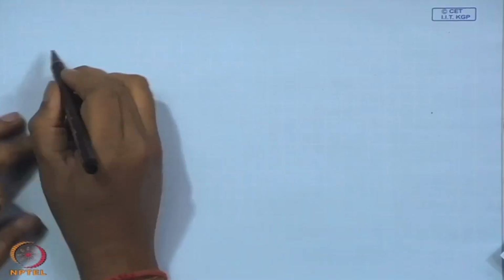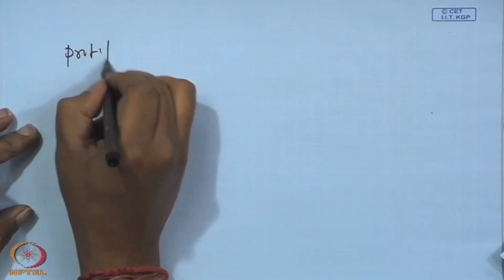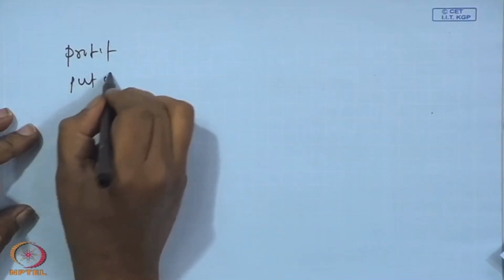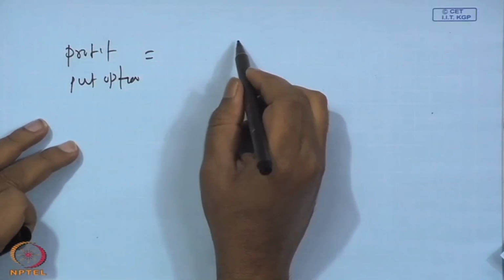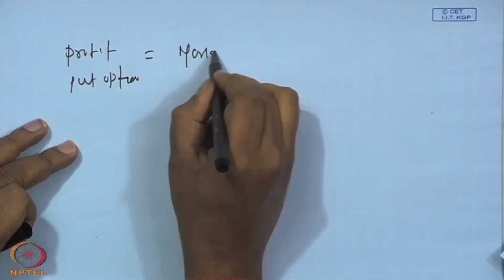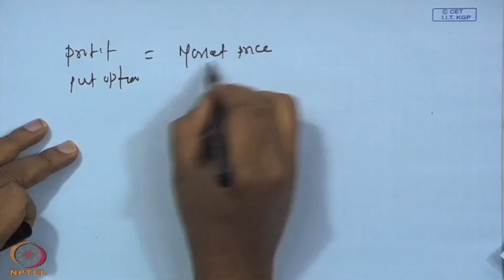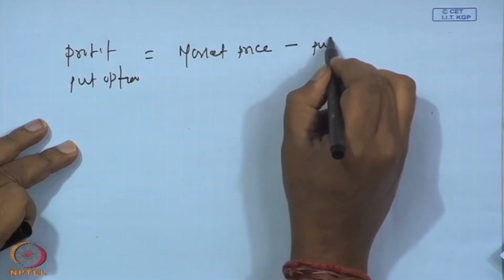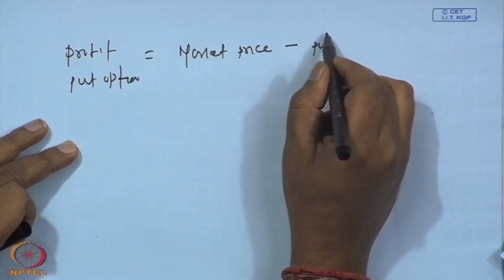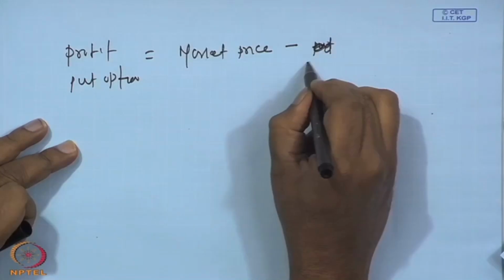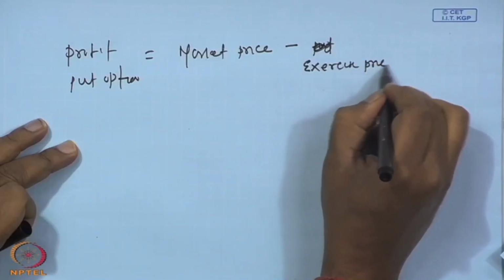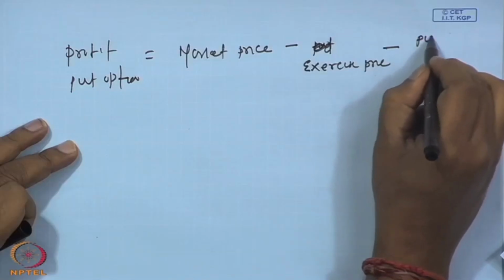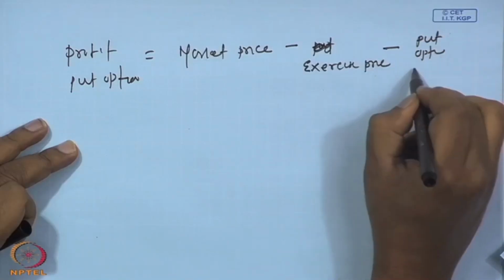Then what is the formula here? I mention here that the profit of the put option is the exercise price minus the market price, and minus the put option premium.